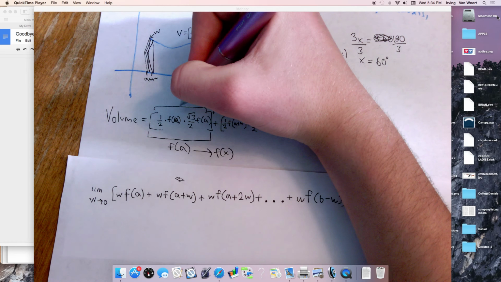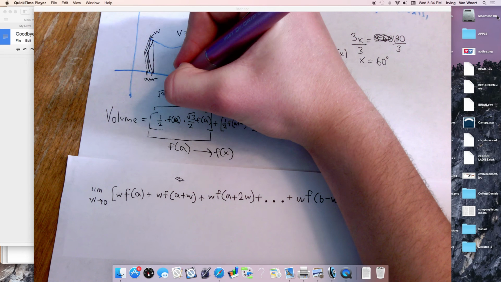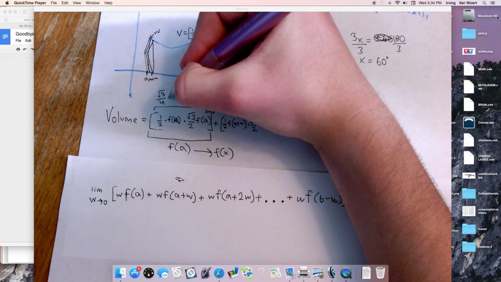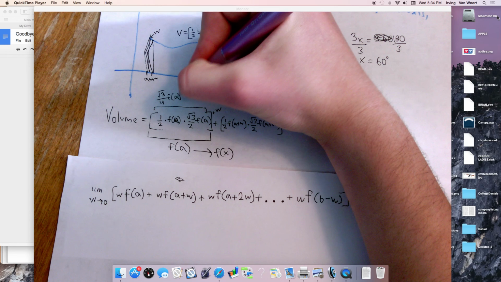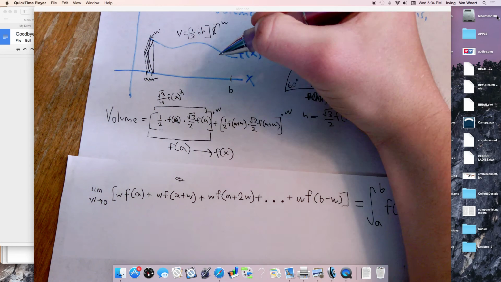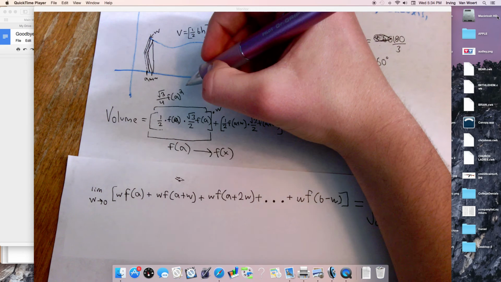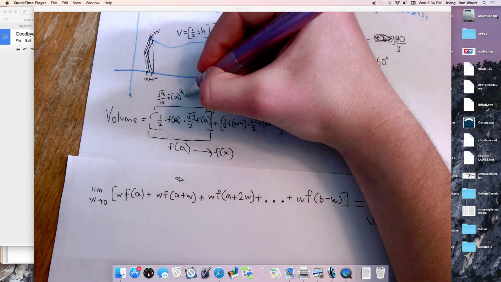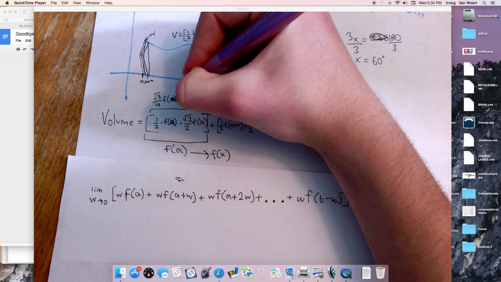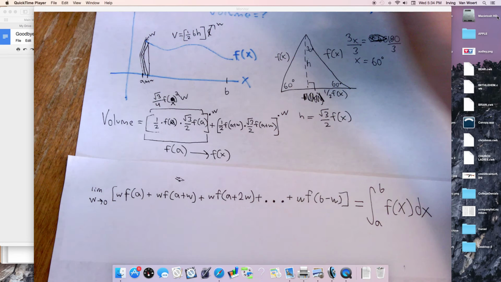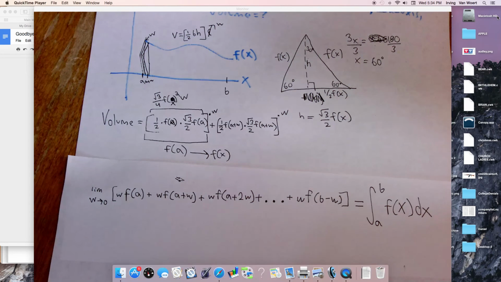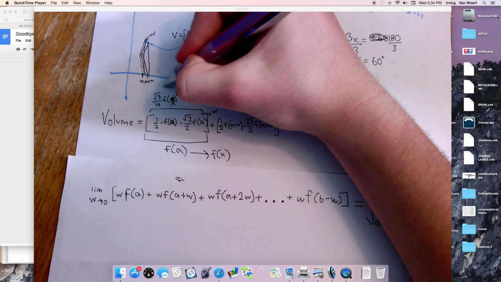So right here, you would take this whole thing up here and just replace the a with an x. And then I'm just going to simplify this, so it'll be radical 3 over 4 times f of a squared times w, and this shouldn't be a anymore because now we're turning it into an x, so that should be x. And this, my friends, is what you plug into the integral.